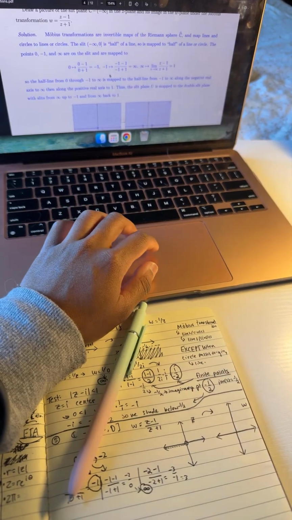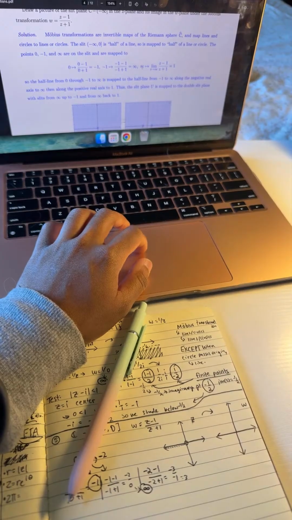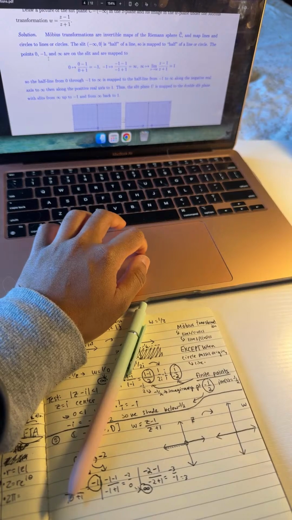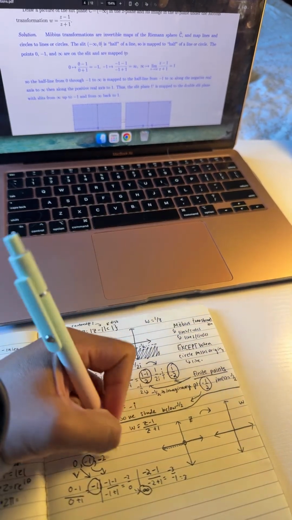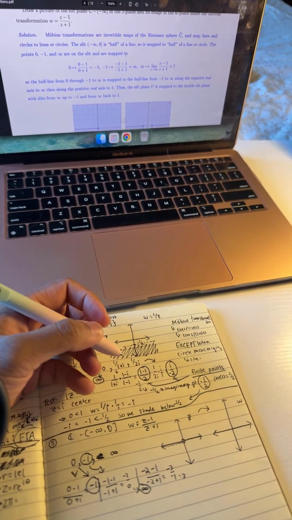If we look at the review solution: 0 goes to negative 1, negative 1 goes to infinity, infinity goes to 1. So the points on the slit plane are mapped to this. Instead of negative 2, we should have done just infinity, and I don't know why.